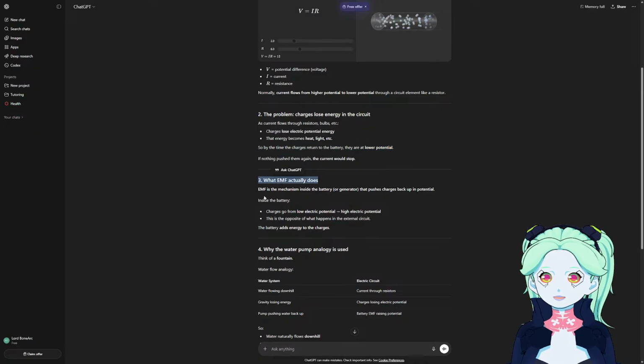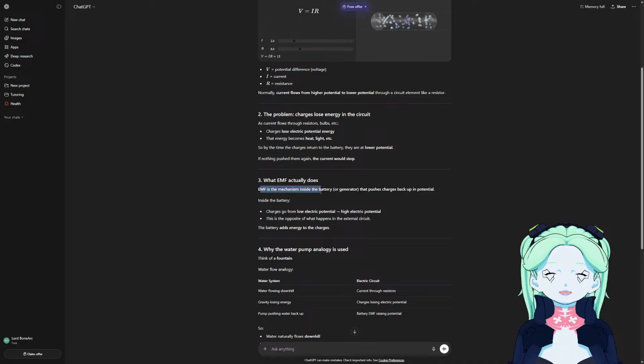What EMF actually does: EMF is the mechanism inside the battery or generator that pushes charges back up in potential. Okay, electromotive force is the mechanism. Batteries have EMFs.